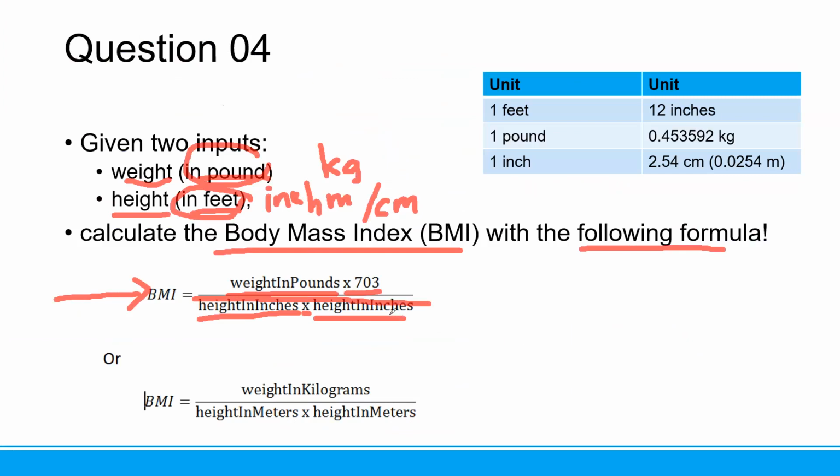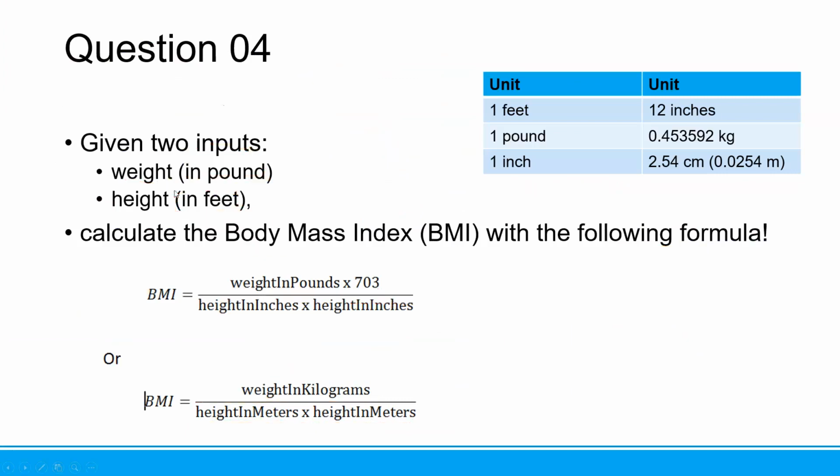But if we use the information in kilograms, then BMI equals weight in kilograms divided by height in meters multiply height in meters. Now, you need to give the input in pound and in feet. So can you make the formula?